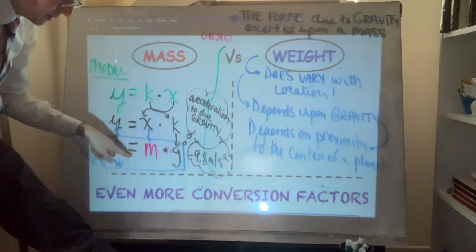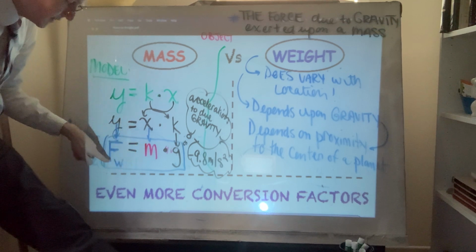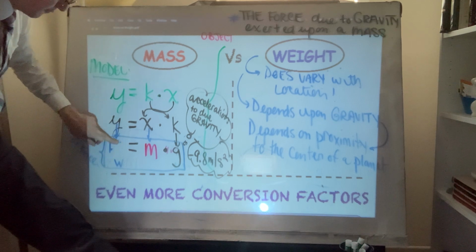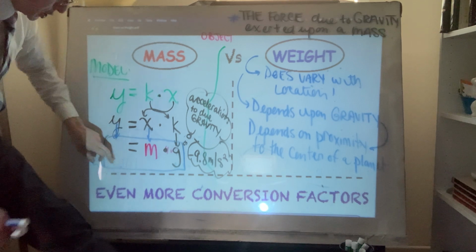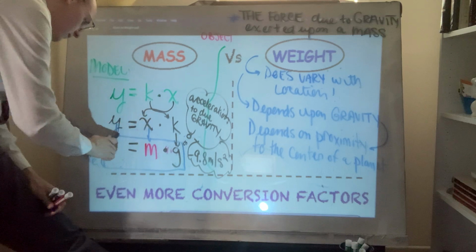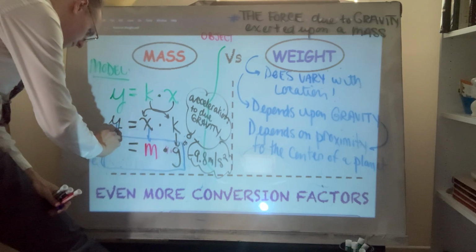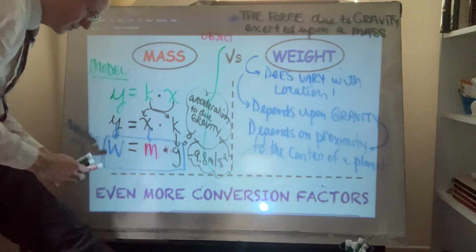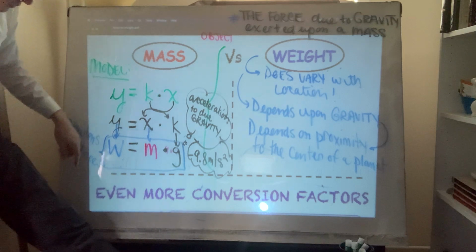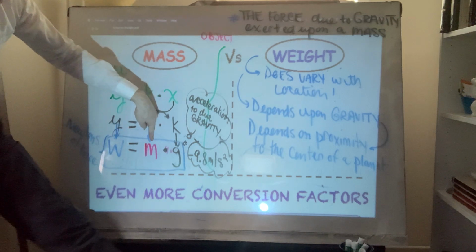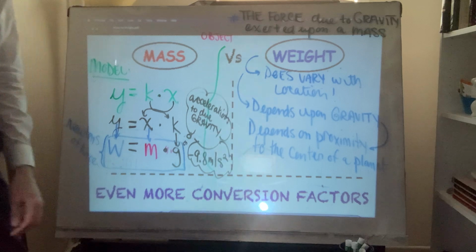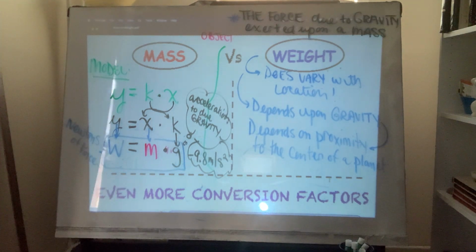Weight is dependent upon mass. Weight is the force. If you don't like F as a generalization, you could put, as a label, W for weight. This might be more intuitive. Weight is dependent upon mass.